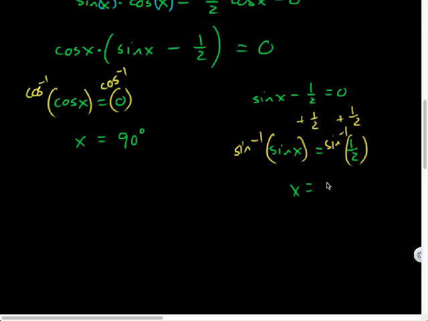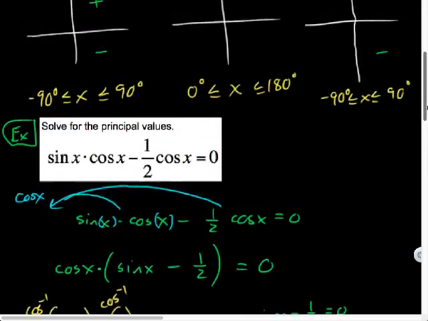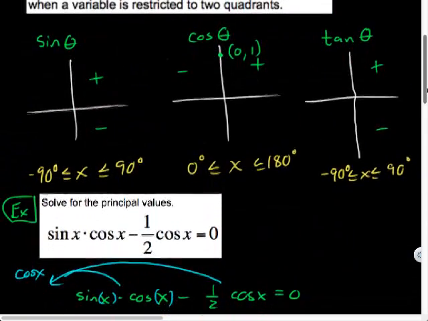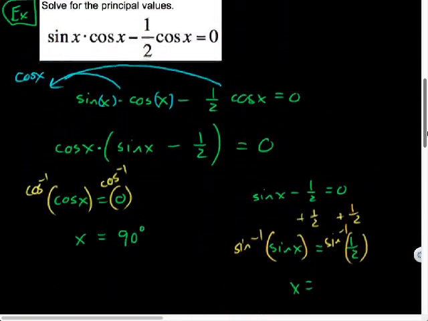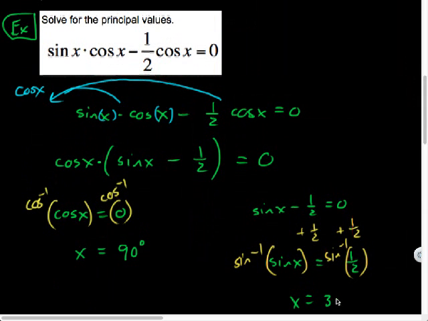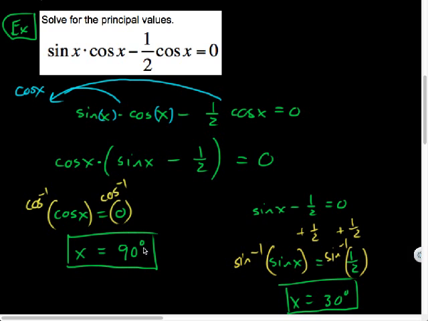90. No. 30. 30 degrees. And 30 degrees lands in one of our principal quadrants. So my answers to this question are both 90 and 30, because I was specifically looking for the principal values.